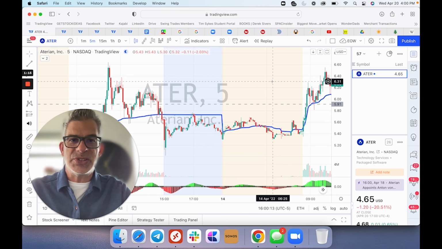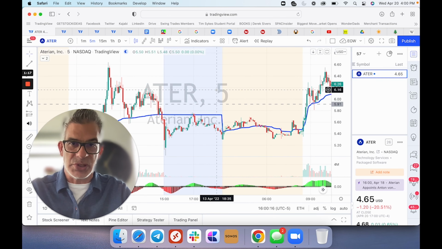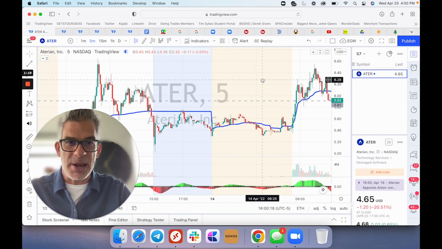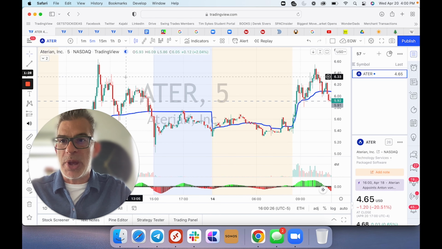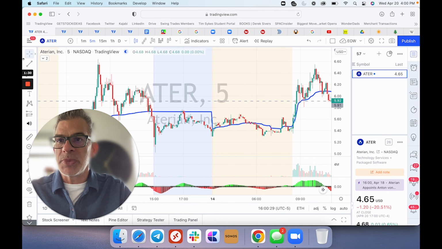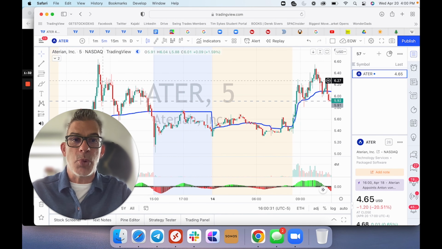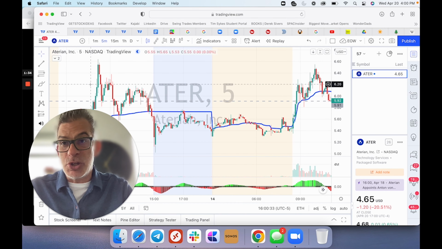Okay, so let's say that we're planning on buying this stock, ATER. Okay, I'm not planning on buying it. I don't want you to think that I'm planning on buying it. But let's say that you're thinking about it and you maybe want to use Fibonacci as a way to predict how far deep a retracement will go, where the pullback might stop, and where you might be able to take a trade.